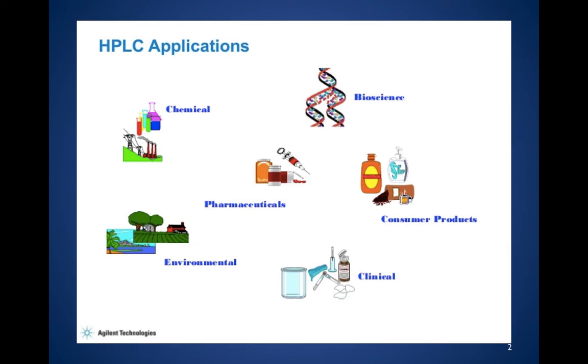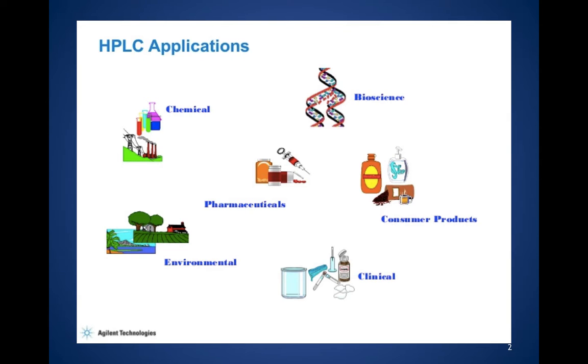Like, for example, we're interested in determining how much of a pollutant is present in a factory, or how much of a particular compound is present in a pharmaceutical product. Or let's say we're interested more in the analysis of the environmental pollutants. Or let's say we're interested in determining how much proteins are present in the human blood.